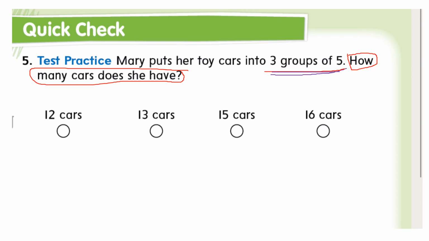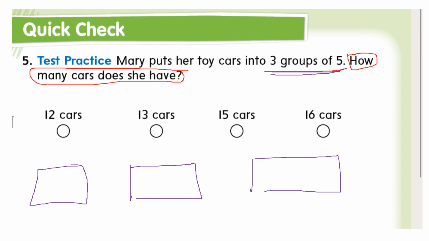Let's draw 3 groups. Group number 1, group number 2, group number 3. In each group, she has 5. 5, 10, 15. So we have skip count by 5. The answer is 15 cars.